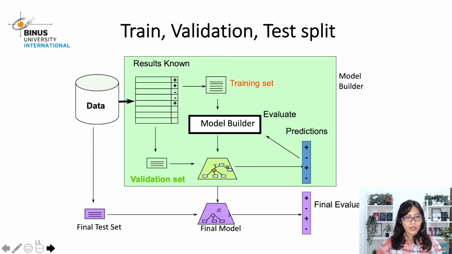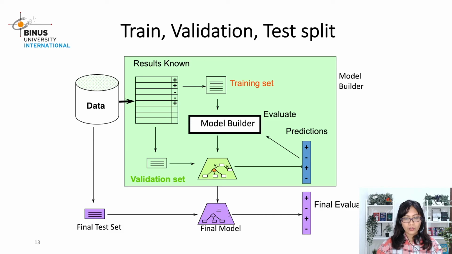So actually it's not enough. We need the third set, which is validation. In some cases, we need validation as well. What is validation actually? The validation set is another part, which is used to tune the model before we test it with really new, unseen data.